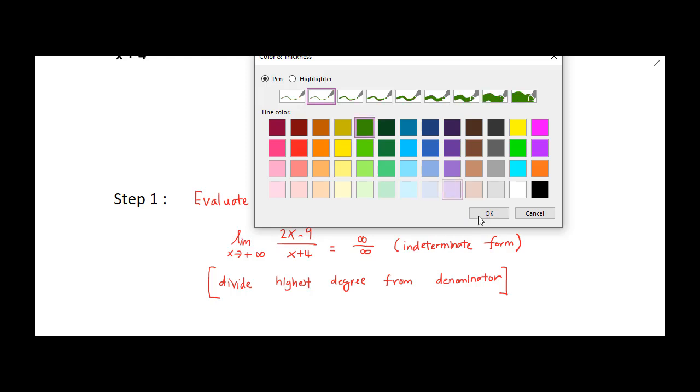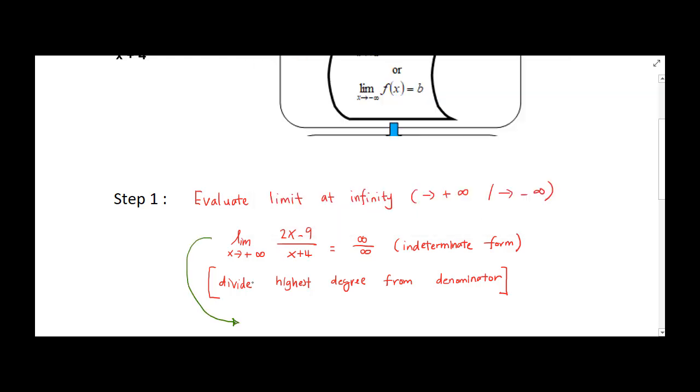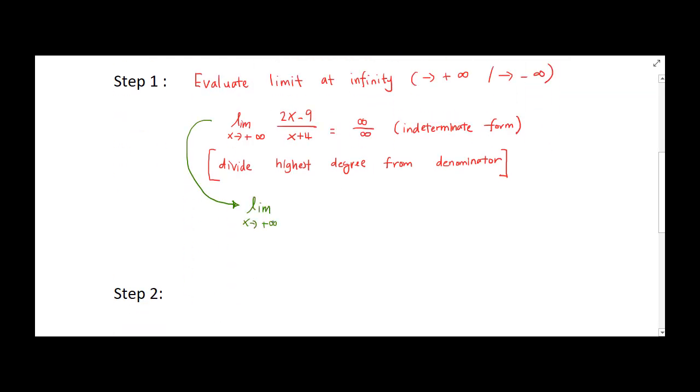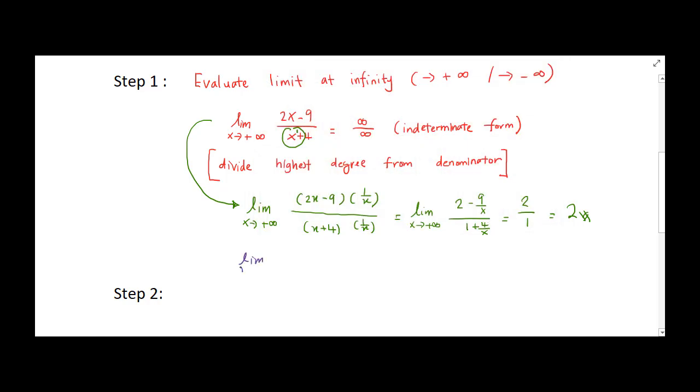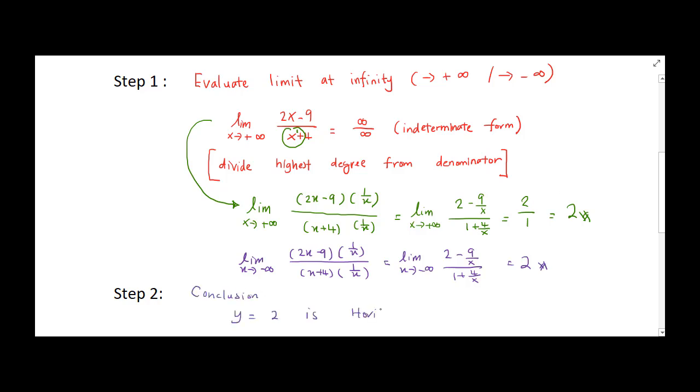From here, the highest degree is a positive 1, linear, so we multiply by 1 over x. After we simplify and do direct substitution, we get a constant number, positive 2. When x approaches negative infinity, we also get the same solution, positive 2. So at last, the conclusion: y equal to 2 is the horizontal asymptote.